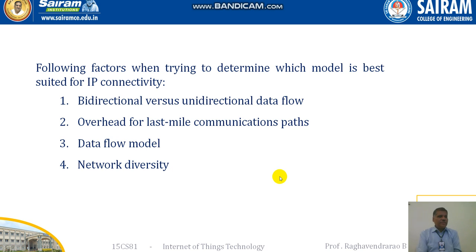Here, one of the drawbacks of the adaptation model is that it depends upon the single physical and MAC layers. MAC is media access control, PHY is physical layer. For example, ZigBee devices must only be deployed in ZigBee networks. We cannot adopt these things in other networks.